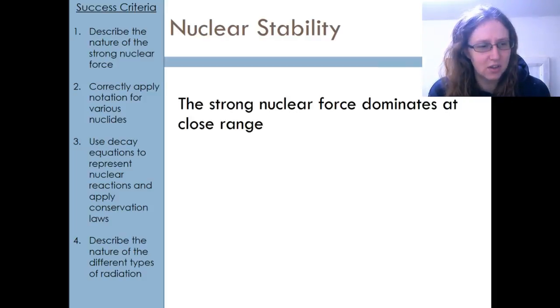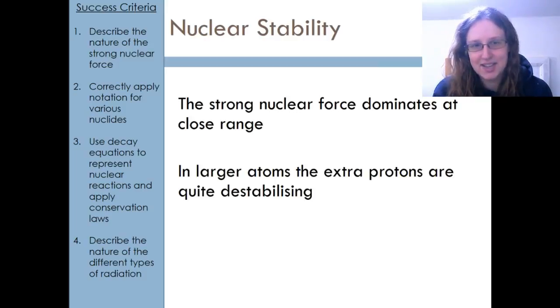So what else is going on inside the nucleus? Well, we're putting protons into the nucleus and they're going to repel each other. And they're being repelled by the electrostatic force. So basically, in bigger atoms, I'm putting in more protons, which makes it more destabilized. We also know that the electrostatic force acts over a long range.